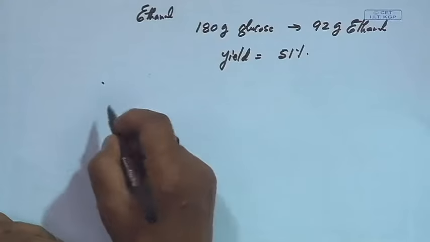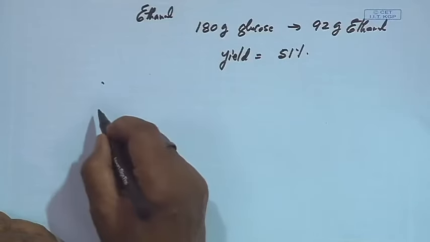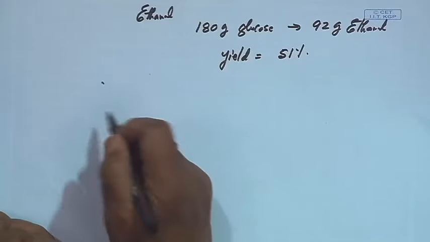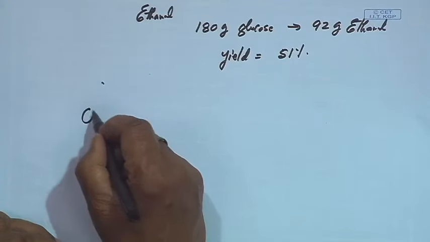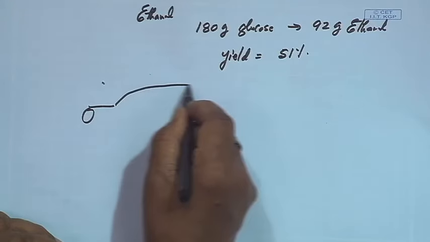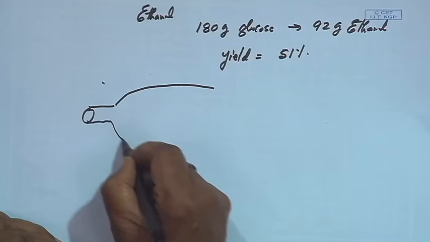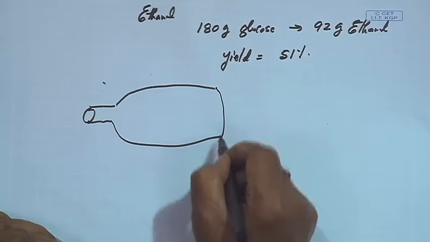But this technique is very little used in industry, and mostly we use submerged culture. Suppose I give an example: we have special wide mouth Erlenmeyer flasks. We know that this is like this. It is wide.